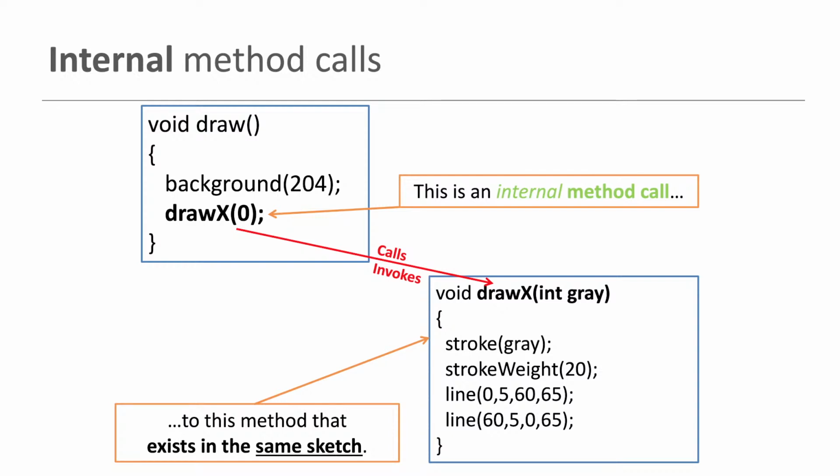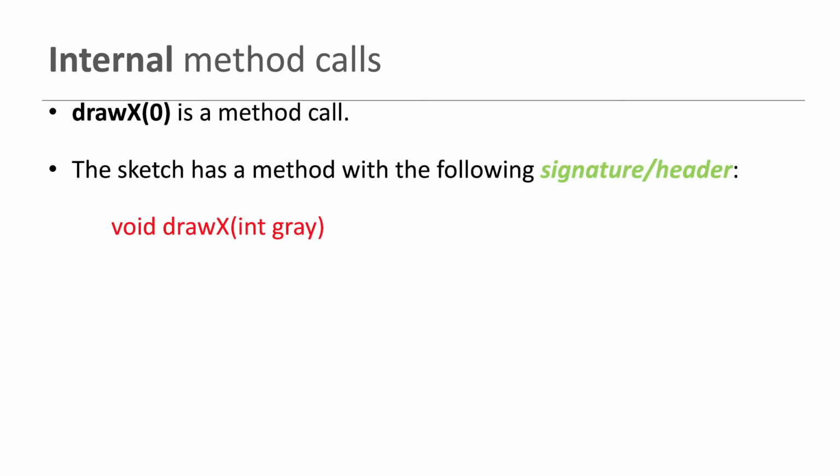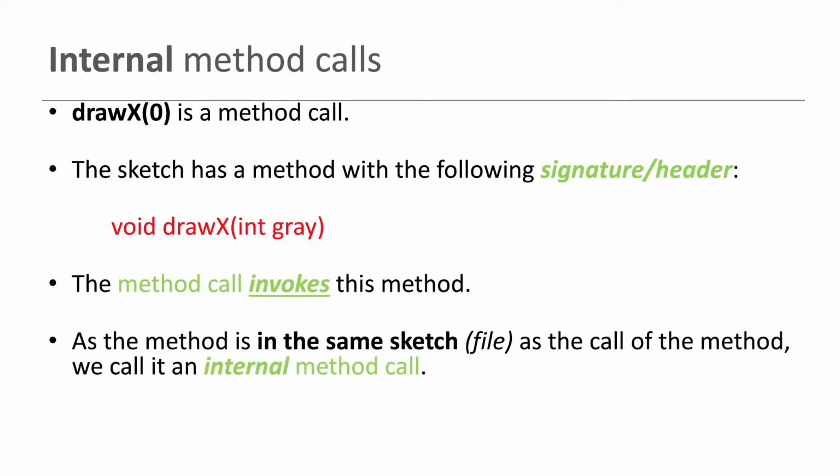The code inside is run, and then it returns back to where it was called from. So drawX(0) is a method call. The sketch has a method with the following signature or header, and it invokes that method. As the method's in the same sketch file as the call of the method, we call it an internal method call.